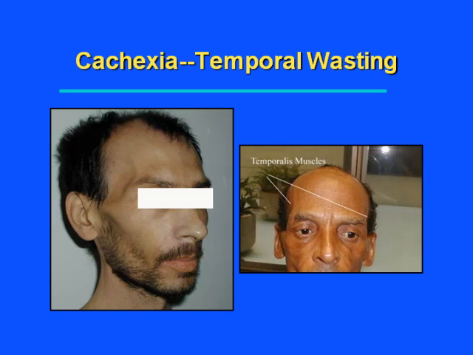A patient with cancer, such as lung cancer, might present with advanced cancer and not have come to the doctor until there had been a lot of weight loss. A patient with HIV disease who's not on HIV therapy or who has progressed despite therapy may have significant weight loss.